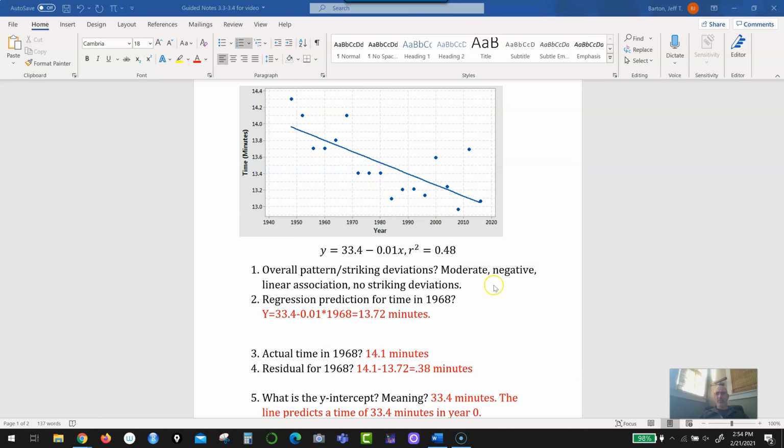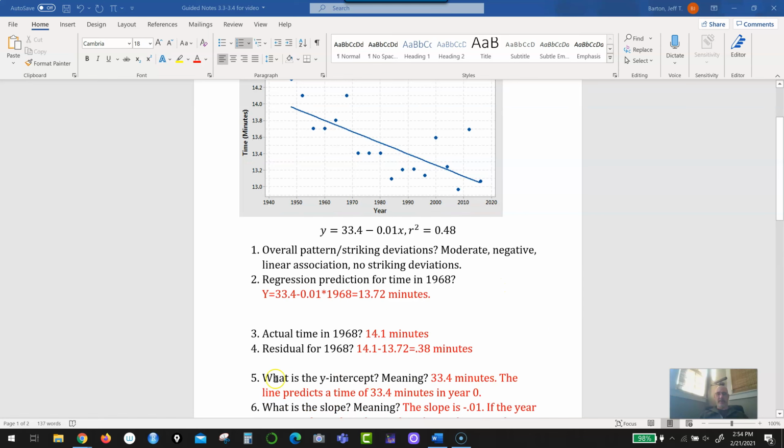So we actually did one example of this in number 5, where we plugged in 0 to get the y-intercept and got a kind of absurd answer in 33.4 for year 0. And that's because the year 0 is well outside the range of our data, which is from 1948 to 2016.